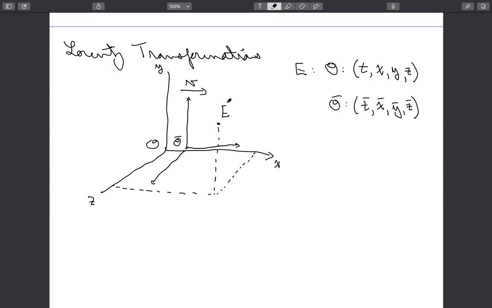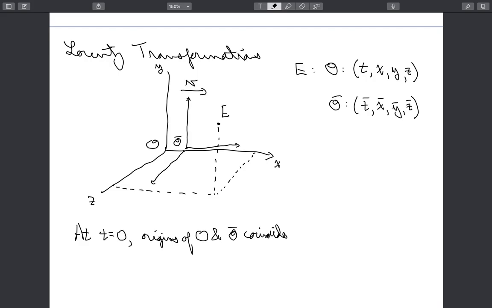All right, so let's just imagine what it is. So if we look, for example, at this x-axis along which the new reference frame is moving, the coordinate at which the event is occurring is going to be given by two distances. So let's assume that at t equal to 0, the origins of O and O bar coincide. Okay?